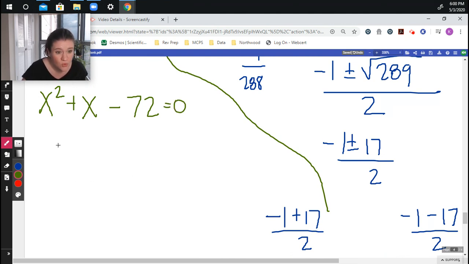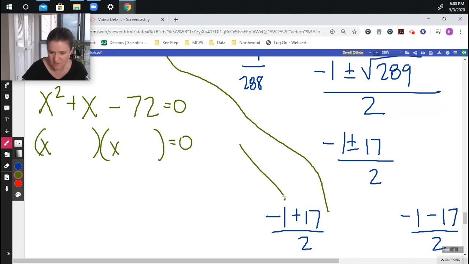So normally, going back to a review of how to factor, I have my x times x is x squared. Now I need to figure out what's going to multiply to negative 72 and what's going to add to the coefficient, or b, which is 1.